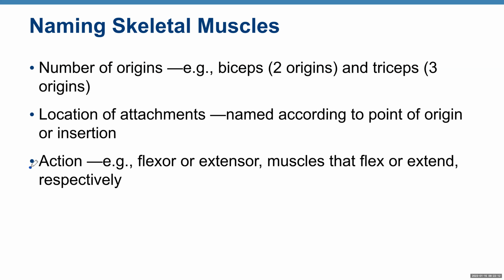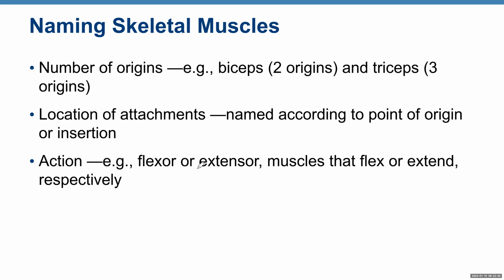And action: flexors or extensors, muscles that flex or extend respectively. And we combine all these different characteristics in one name. So, for example, extensor pollicis longus is a muscle that extends your pollex, or thumb, and it's one that has a longer tendon.